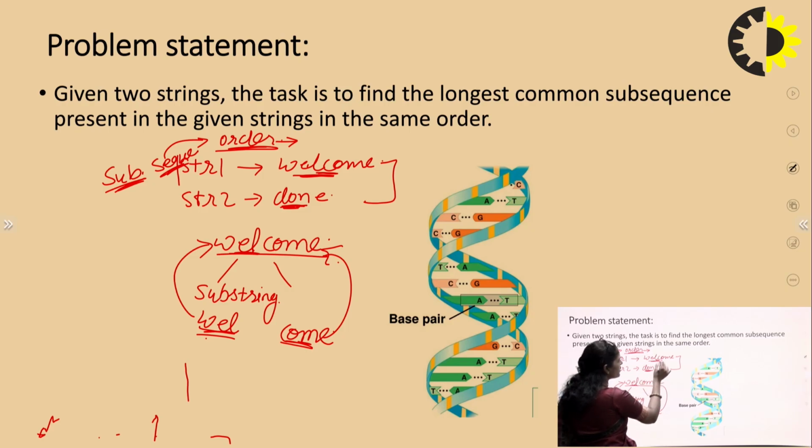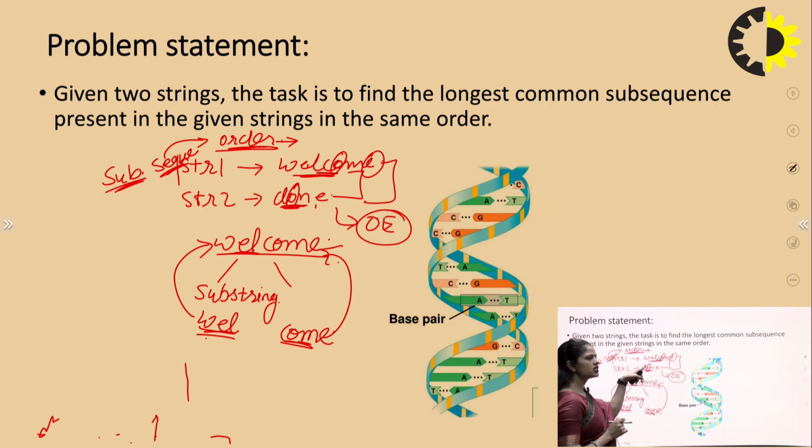So the common characters here are O and E, so the subsequence of both strings is OE.